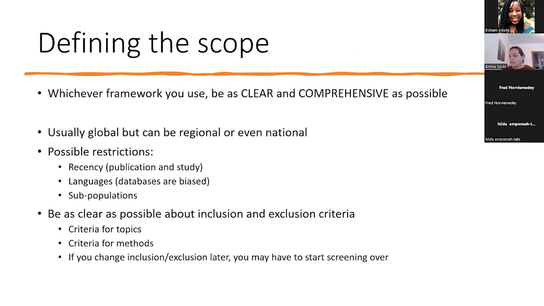So regardless of the framework that you use, you want to be as clear and comprehensive as possible, right? So it takes a lot of thinking early on. And as you start doing the review, you'll have to come back to this many times. And the more complex the review, the more you'll have to go back. So there's something always a little bit iterative about it.